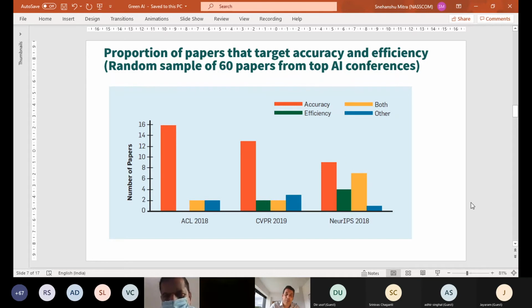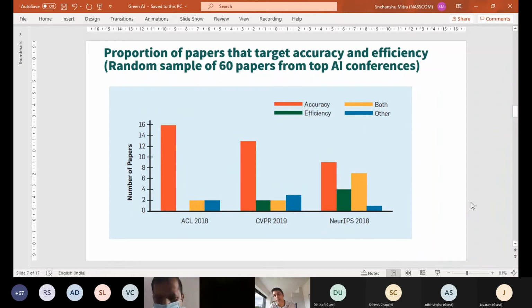Most of those papers spoke about accuracy as an important measure of their accomplishment. And the bar in green represents the efficiency-related metrics, as to how efficiently those solutions were developed. And you see that it is a small fraction of the papers that were presented in the conference. And there were some others which combined both accuracy as well as efficiency metrics.